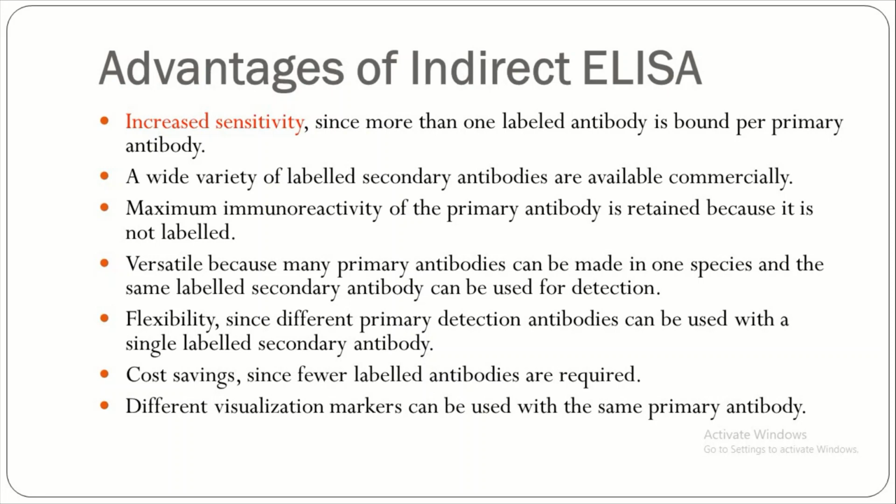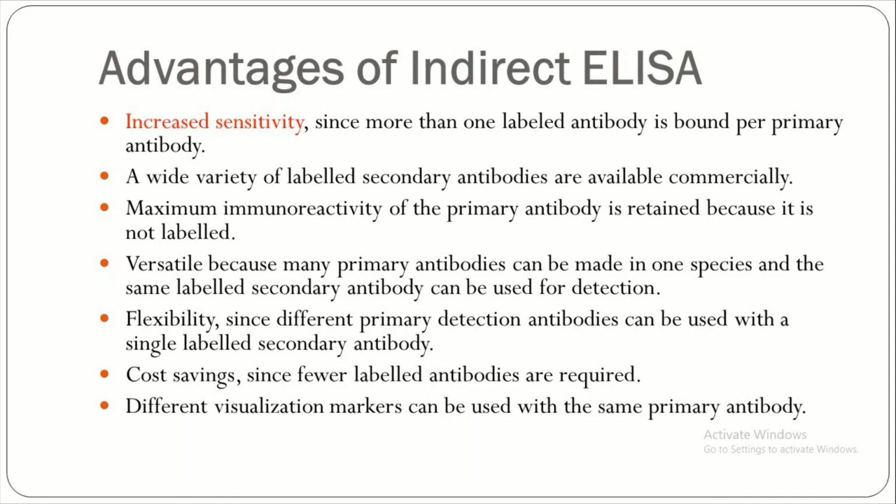The maximum immunoreactivity is retained in the primary antibody because it is not labeled. It is versatile because many primary antibodies can be made in one species, and the same labeled secondary antibody can be used for detection. This is another advantage.